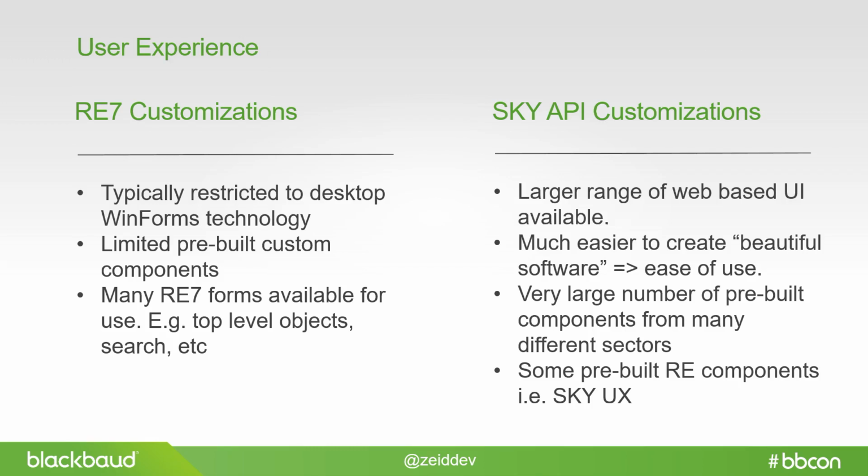So with Sky API customizations, there's obviously a larger range of web-based UI components available. There's very much anything that's ever been designed out there, not just for Raiser's Edge, but for any web-based application really. You can make use of them. It's also much easier to create beautiful software, very nice looking.